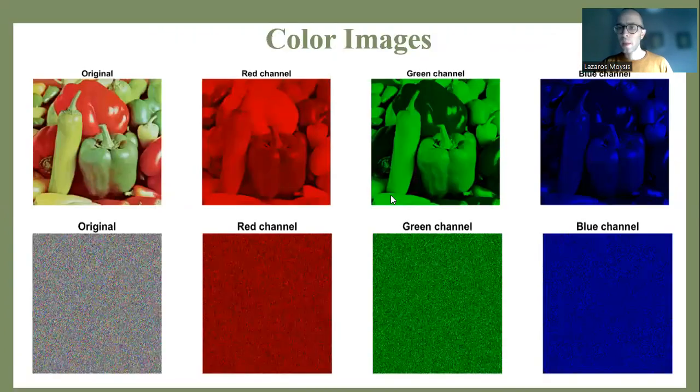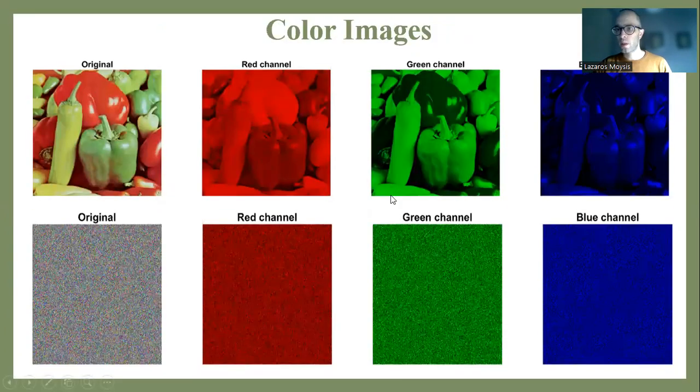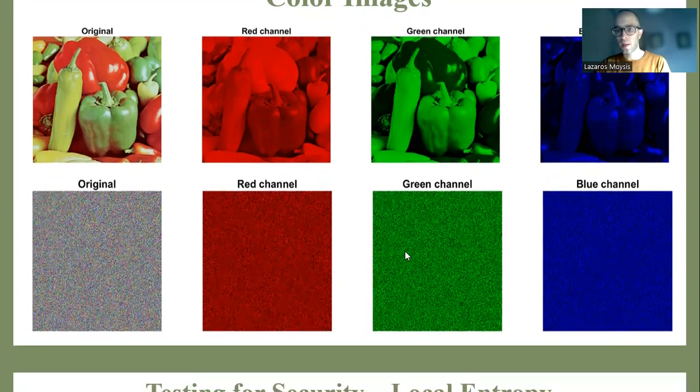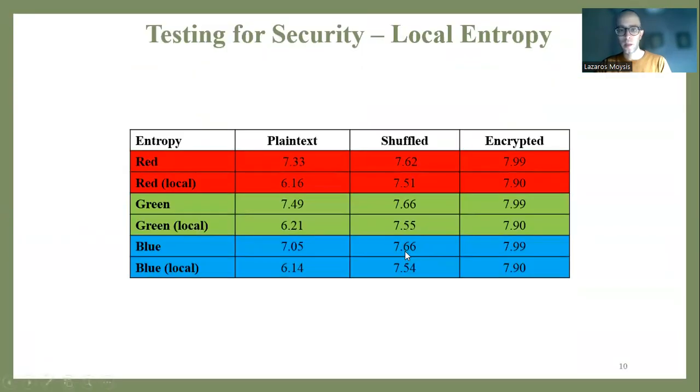The same exact thing holds with color images. Here we have a technique that first of all combines all the channels together and then performs a combined shuffling process. And the idea is the same as with entropy. We can compute the local entropy of each individual encrypted channel, and I have the results right here.